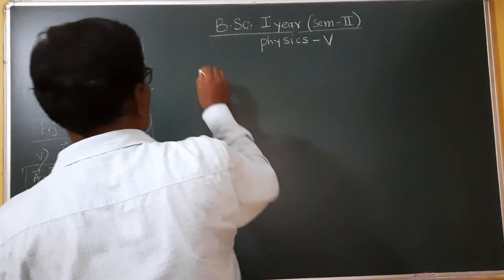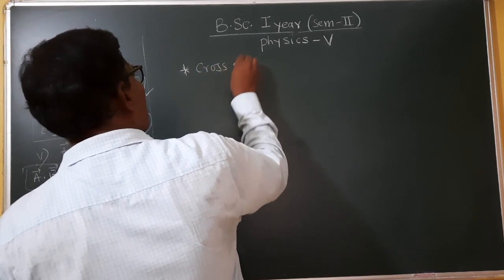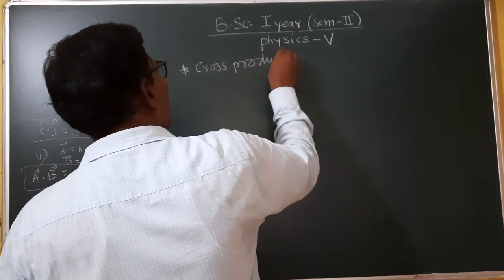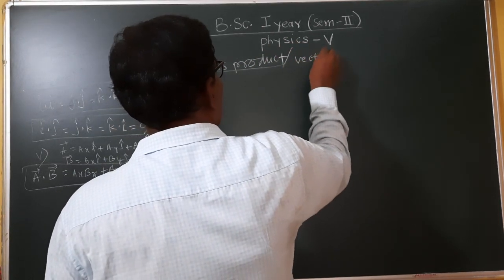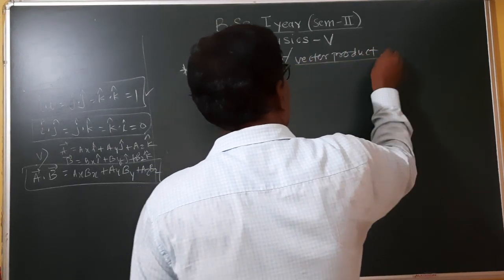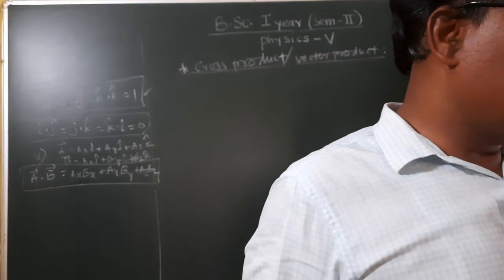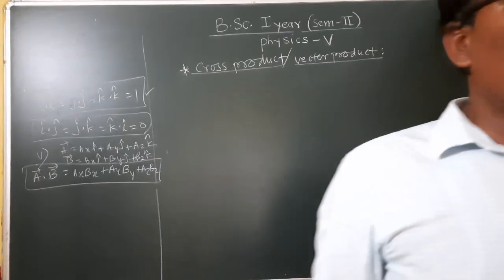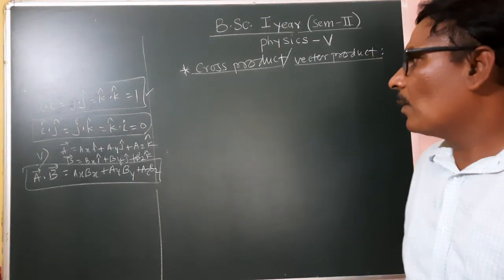Now cross product. It is also called a vector product. Cross product or vector product, what we have to consider here. First of all, we have to consider a cross product.